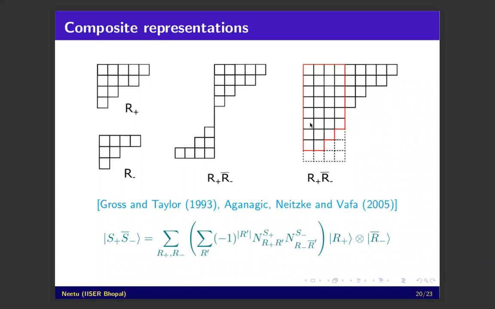Actually, this last one was introduced first in the context of Yang-Mills theory by Gross and Taylor. And then Aganagic and collaborators said that we can also draw these representations in this way, and in this way we can understand it in terms of the representations of UN as well.